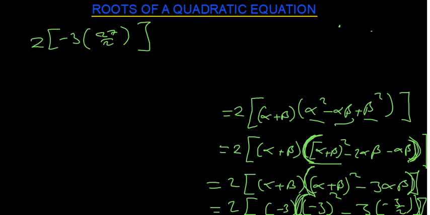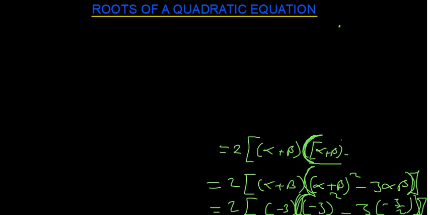So multiply that by negative 3, and then also multiply by 2. What I'm getting is 81 as my value. Alright, so that is how you can find the value. Let's look at another question so we understand better.